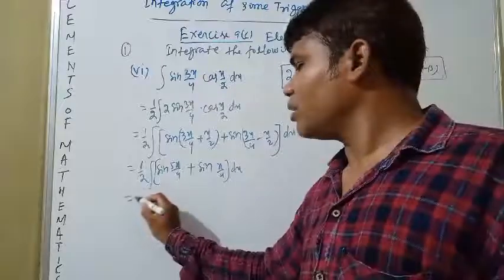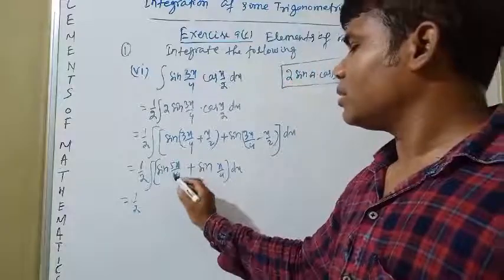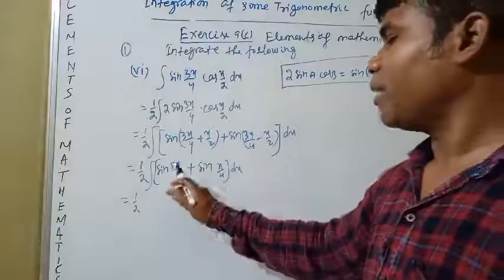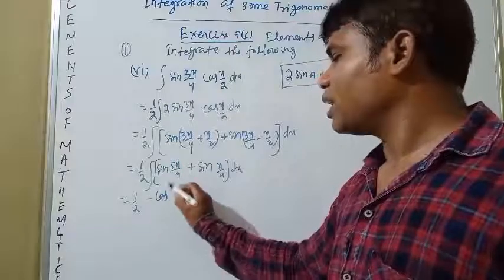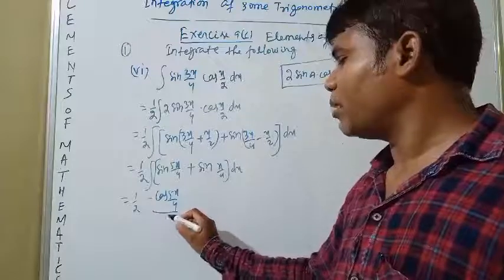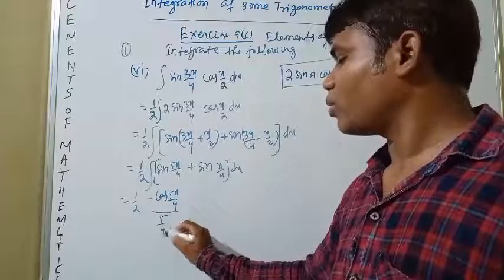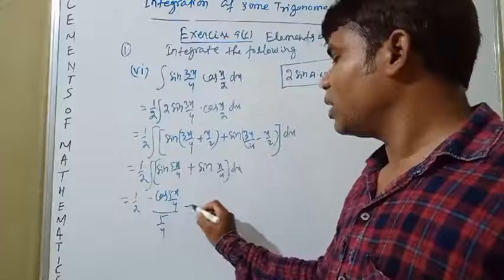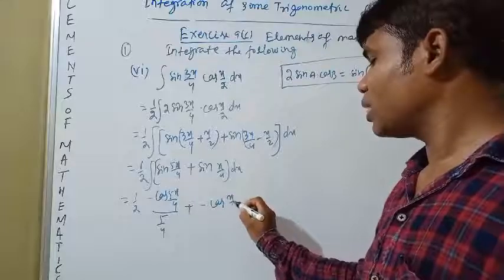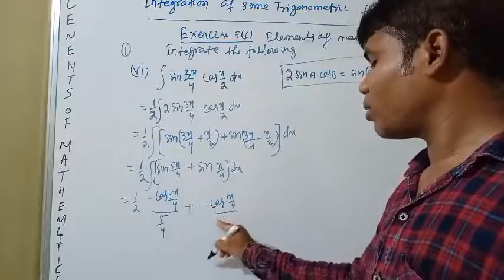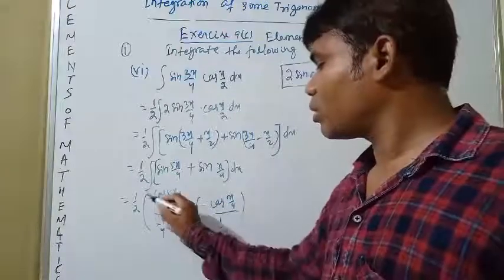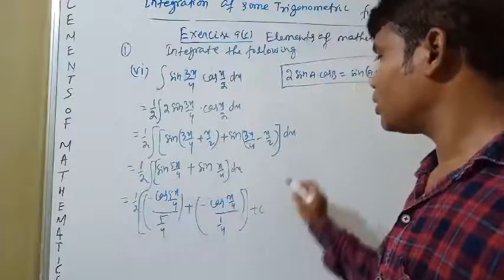This equals half times the integral of sin 5x by 4, which is minus cos 5x by 4 divided by 5 by 4, plus the integral of sin x by 4, which is minus cos x by 4 divided by 1 by 4, plus c.